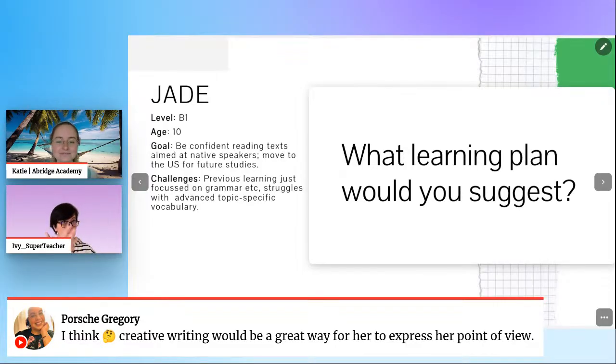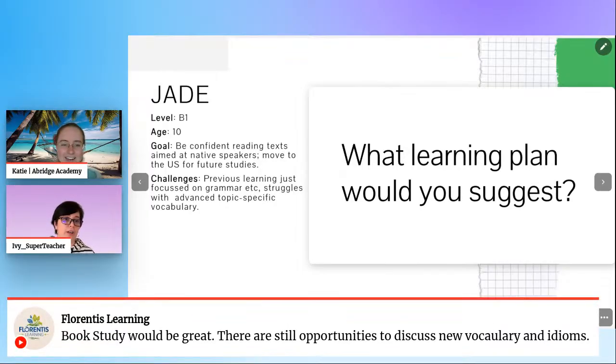But when it comes to expressing herself, plus she's introverted, she's super skilled and everything is there. It's just that she struggles, especially with topic specific vocabulary. Even though she knows something, she sometimes struggles to express herself. Absolutely. So creative writing, most definitely. I love that idea.